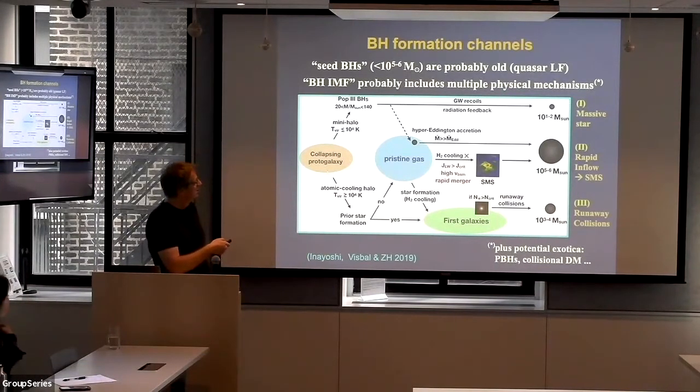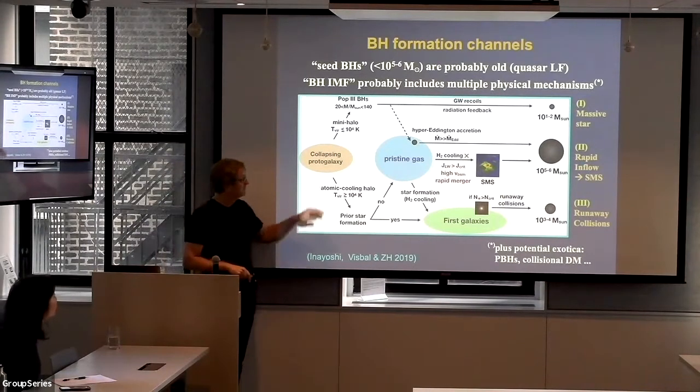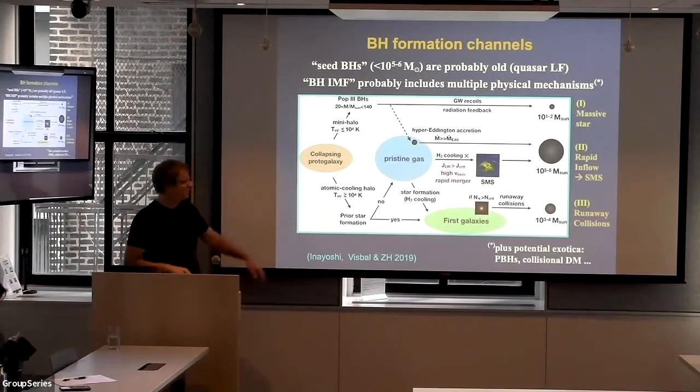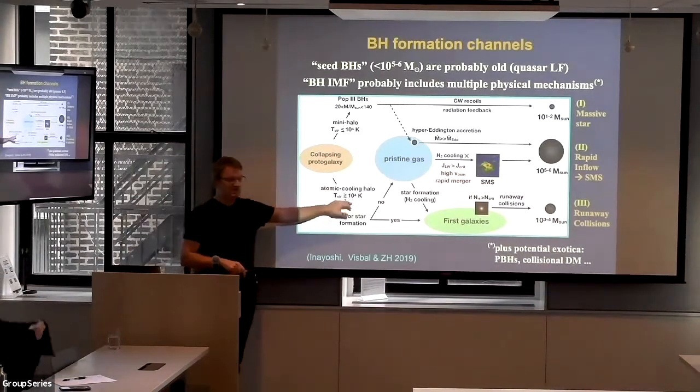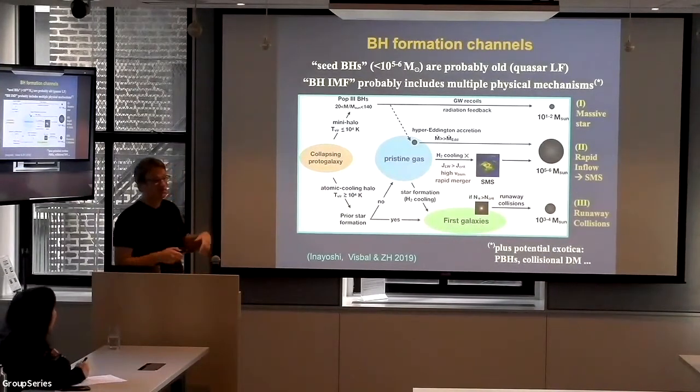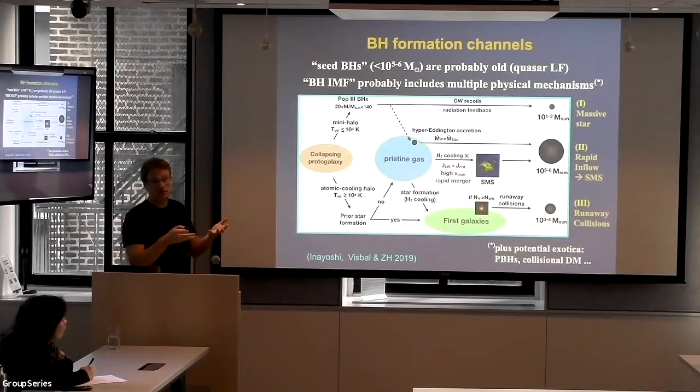Now the second and the third channel are actually very different. Suppose we have a larger galaxy, which has a virial temperature above 10 to the 4 degrees. This galaxy has gas which can activate cooling by Lyman alpha radiation.